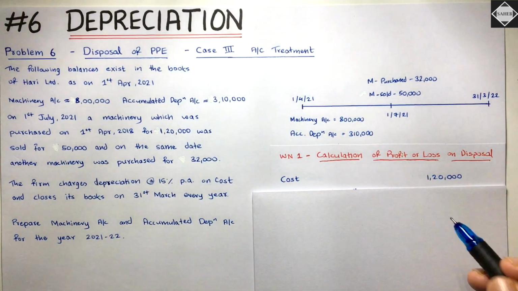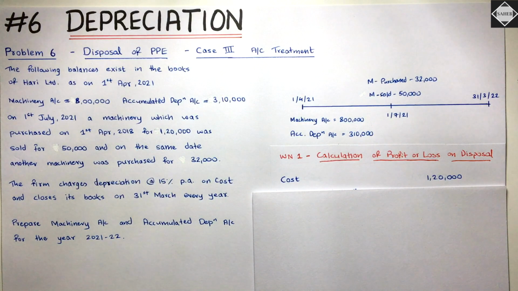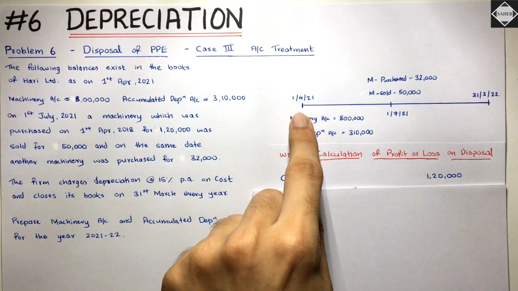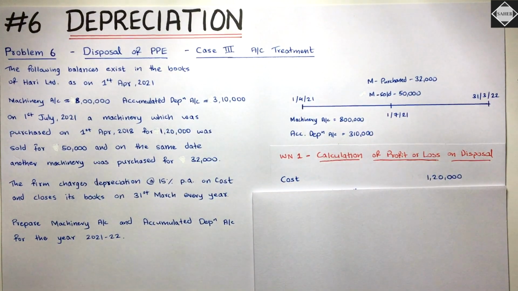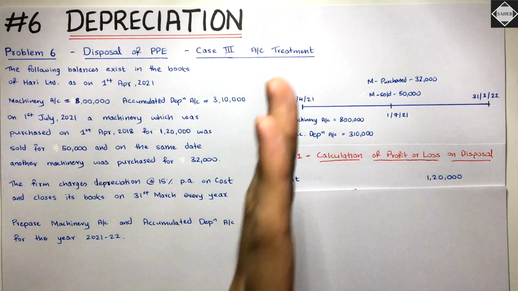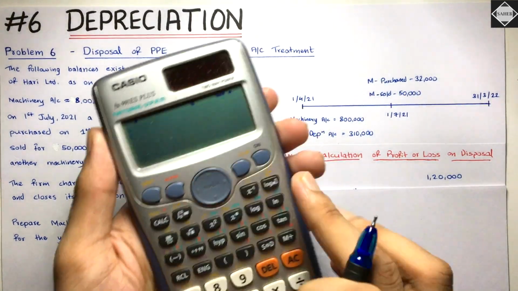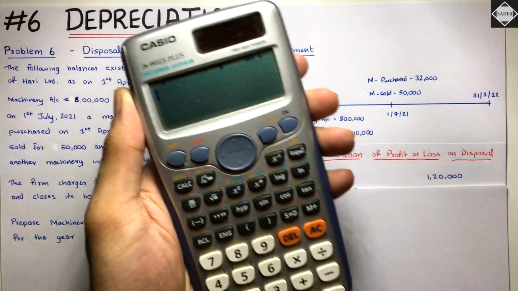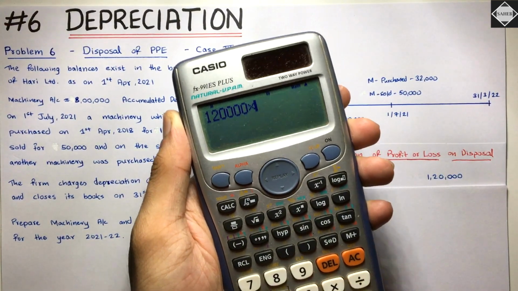How much depreciation do you have to charge in the current year? You can easily understand. From the beginning of the year till the date of sale. That is the shortcut now. When you sell the machinery in between the year, what is the shortcut? The shortcut is beginning of the year till the date of sale. That shortcut you have to follow and calculate the depreciation. So see, 1,20,000 is the original cost into 0.15.